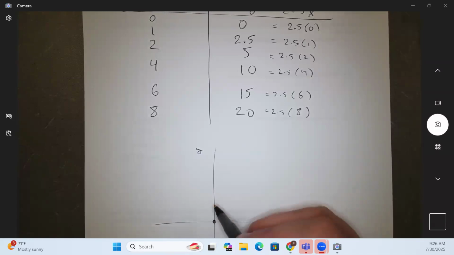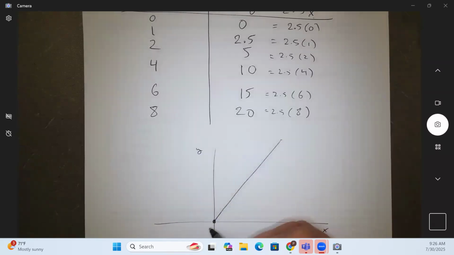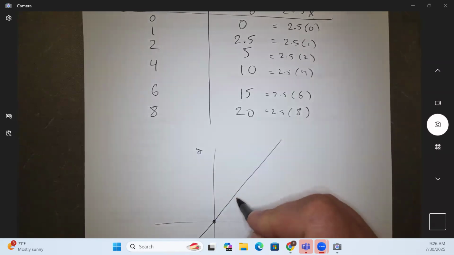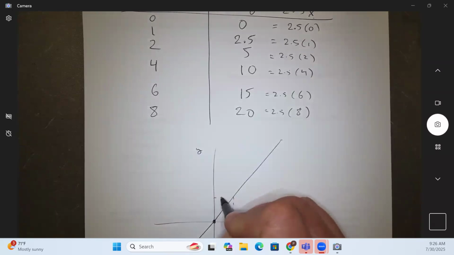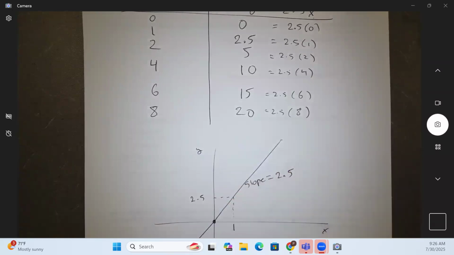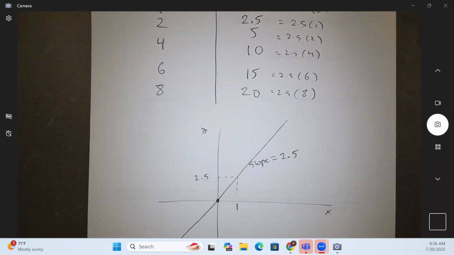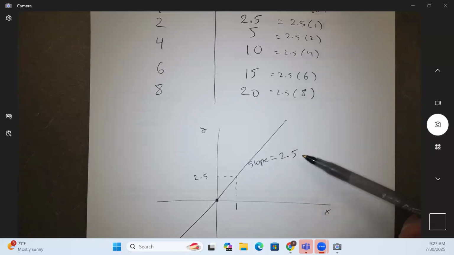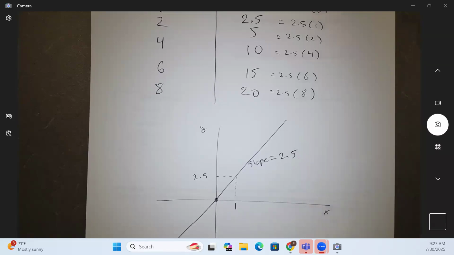Every single variation relationship goes through the origin, and in direct variation, it's just a straight line. Slope is 2.5. Right? And that's exactly what the formula y equals 2.5x gives you also.